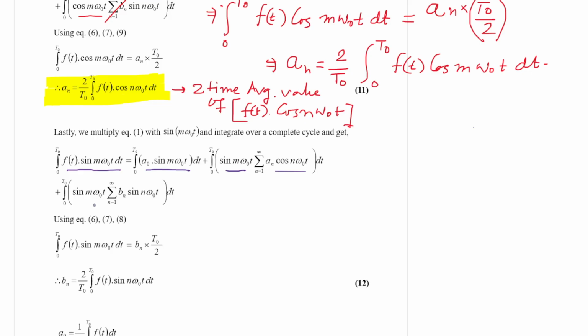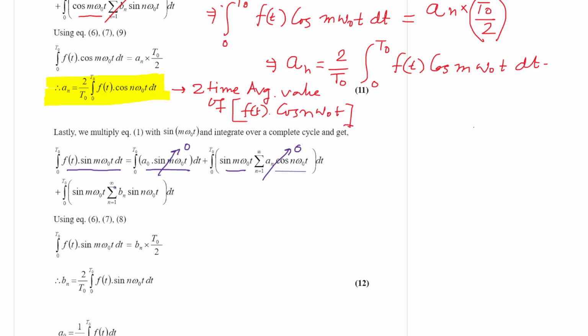And finally we have multiplied sine m omega naught t into bn sine n omega naught t dt. So we will have a similar result. This will be 0 because integrating over a complete cycle of a sine curve gives 0. If we multiply sine and cos, every time it will be 0.